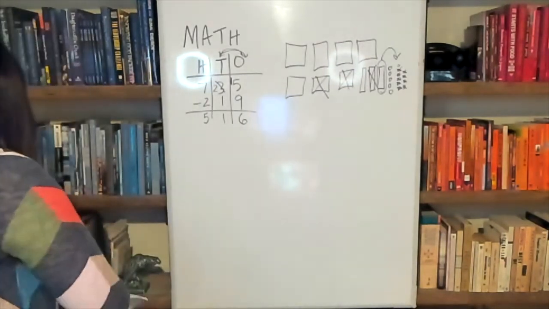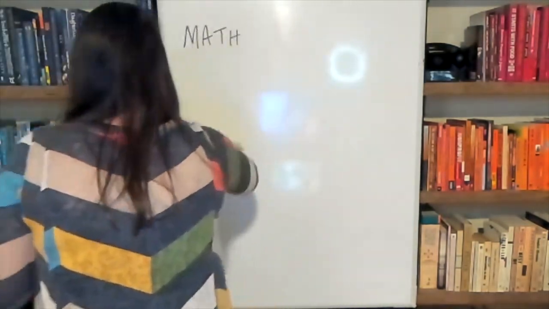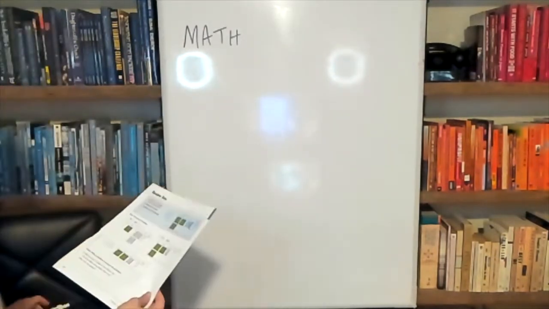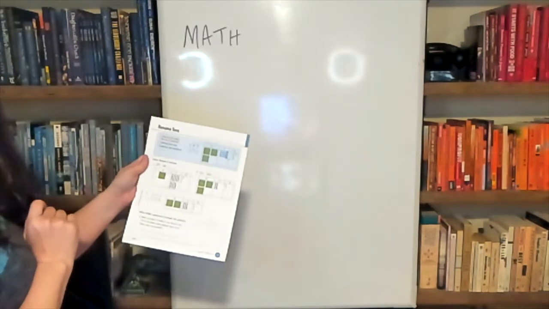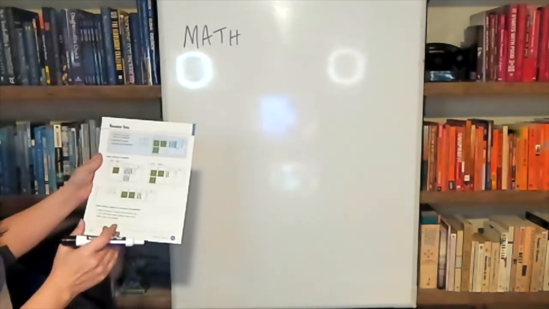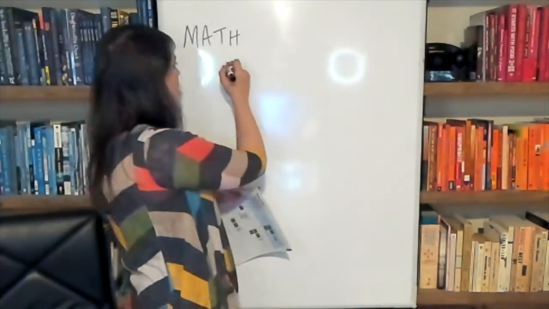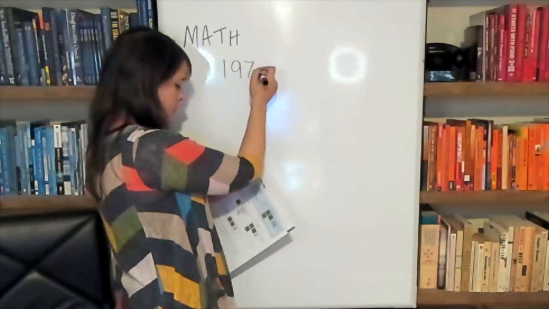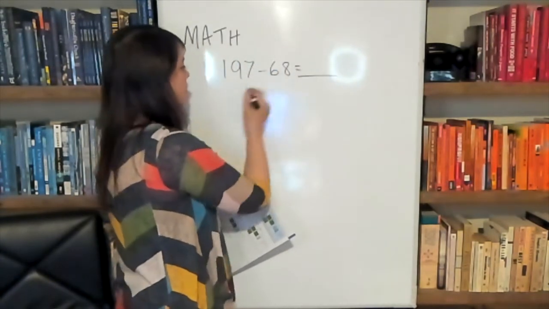Your worksheet is page 211, and it's a combination of ones that you're going to picture and word problems, right? So they want you to start out picturing them, solving it using the pictures, okay? So I'll write the way that your worksheet has. 197 minus 68 equals.